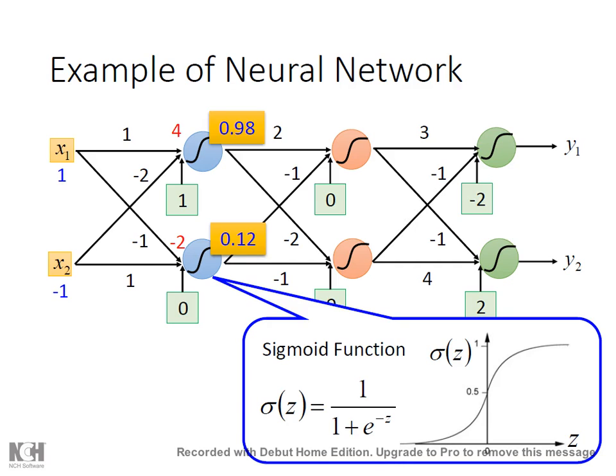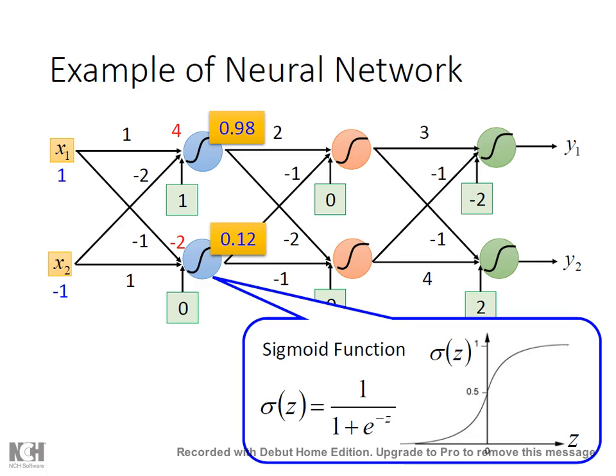Okay, so next, we follow the same process to compute. Here the summation of this neuron is -2, and so the value of the sigmoid function now becomes 0.12, and we continue this process.